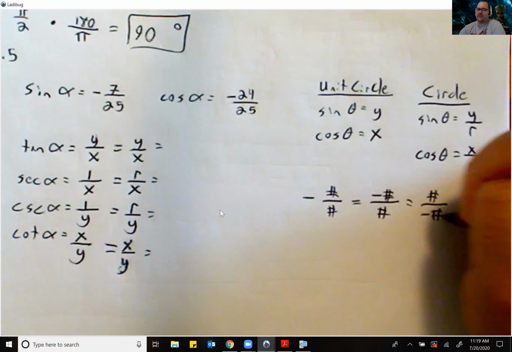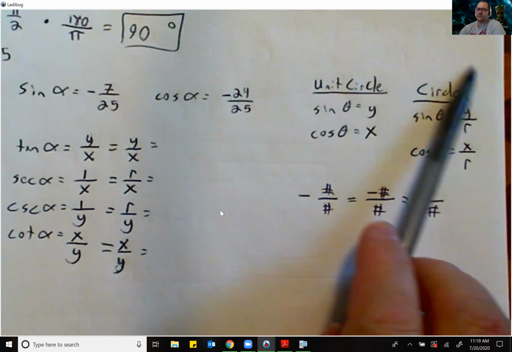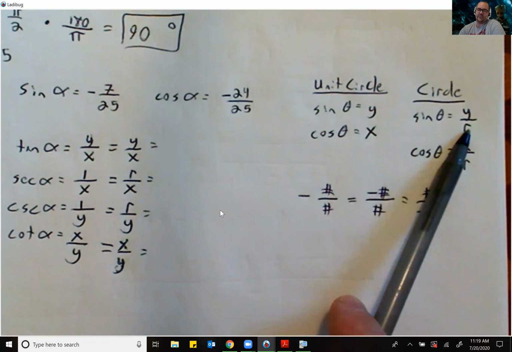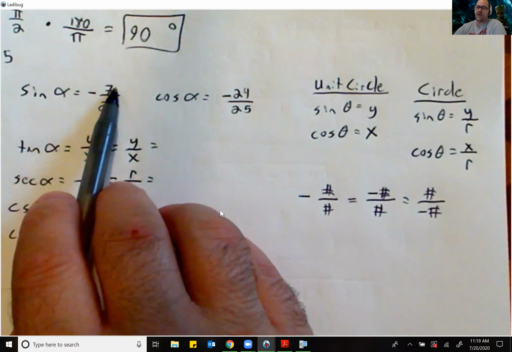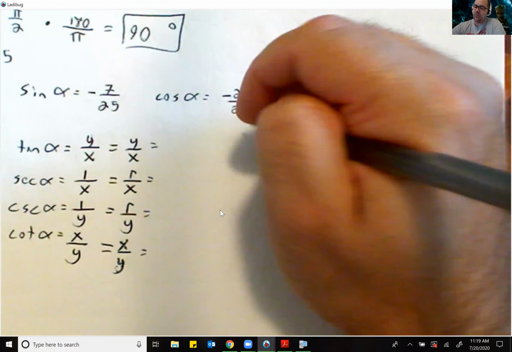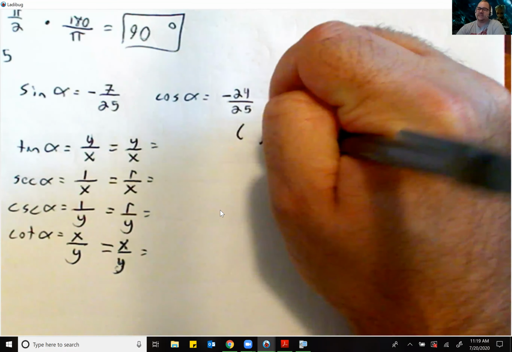Because I am thinking about this in terms of the 9.5, r is a radius. Just so you know, a radius can never be negative. So that means the r has to be the positive value, which means we're just going to take that negative and shove it up to the top. So now you know that your y value is a -7. The same thing with the cosine.